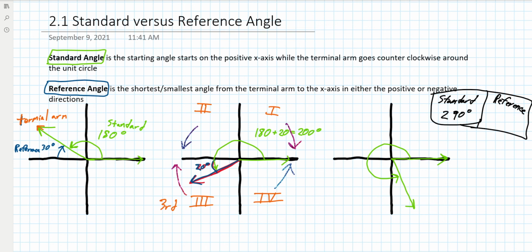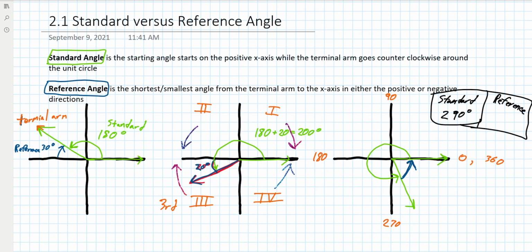The reason why I know it's 290 is that we know this is 0, this is 90, this is 180, this is 270, and this is back to 360. So that's why I know that this is going to be between 270 and 360. Anyways, so that means our reference angle is right in here. This is our reference angle.